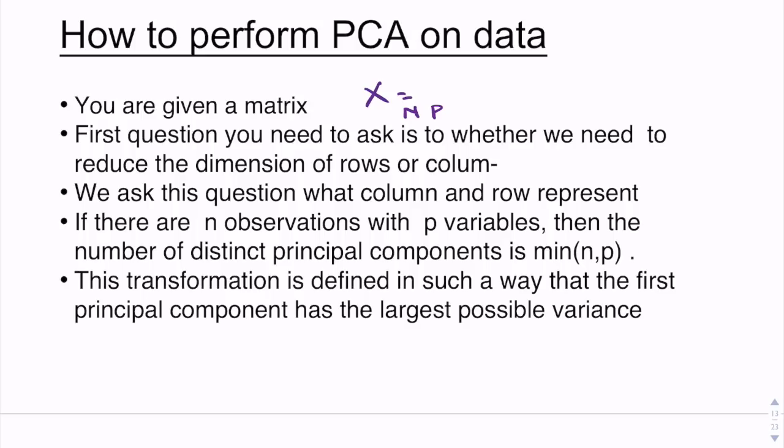What we then do from this data set is compute the covariance matrix. Once we have the covariance matrix, we can find the eigenvectors and eigenvalues, and these give us the directions in which the data have the most variability.